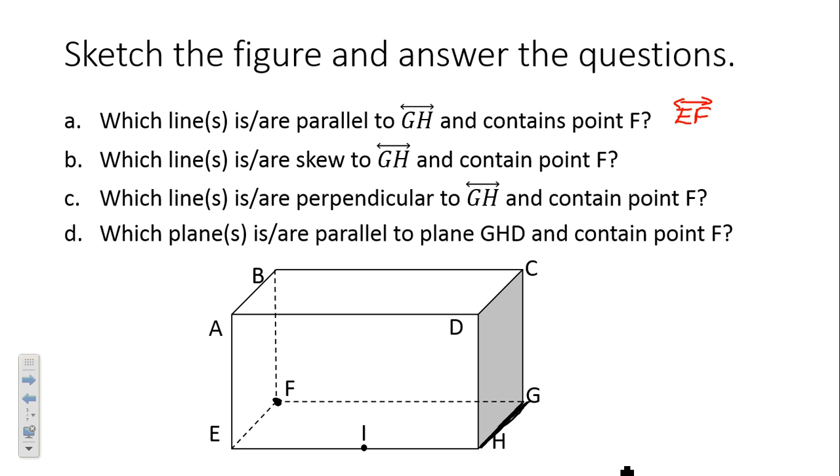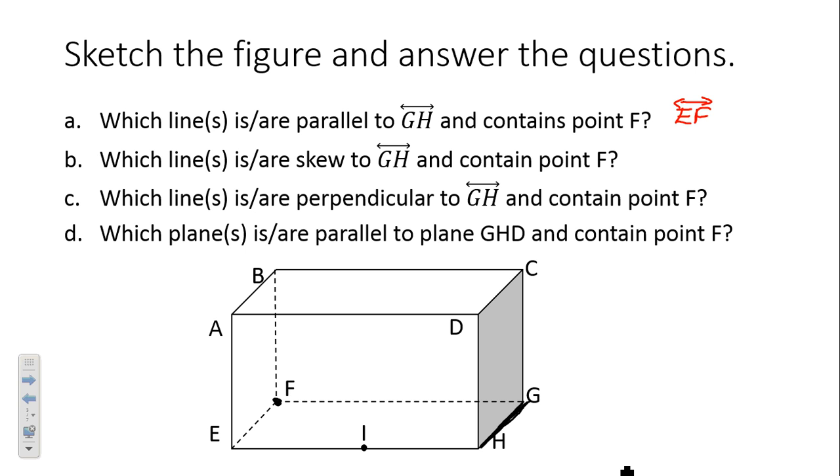Not parallel, not intersecting, and the key word is that they do not lie on the same plane. Okay? They are non-coplanar. So EF would be parallel to GH, correct? I said that a moment ago. Okay? Can't be parallel to it, can't lie on the same plane as it.